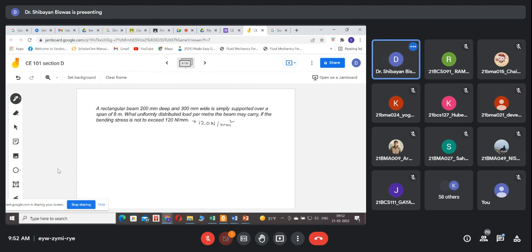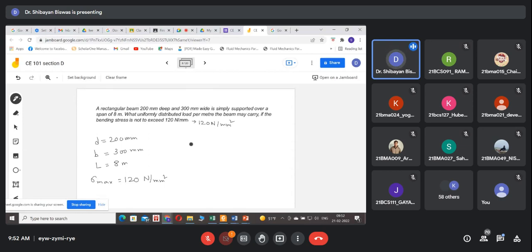What are the things we do not know? First of all, what are the things we know here? So D we know, 200 millimeter. B we know, 300 millimeter. Length we know, 8 meter. Sigma max we know, 120 Newton per millimeter square.